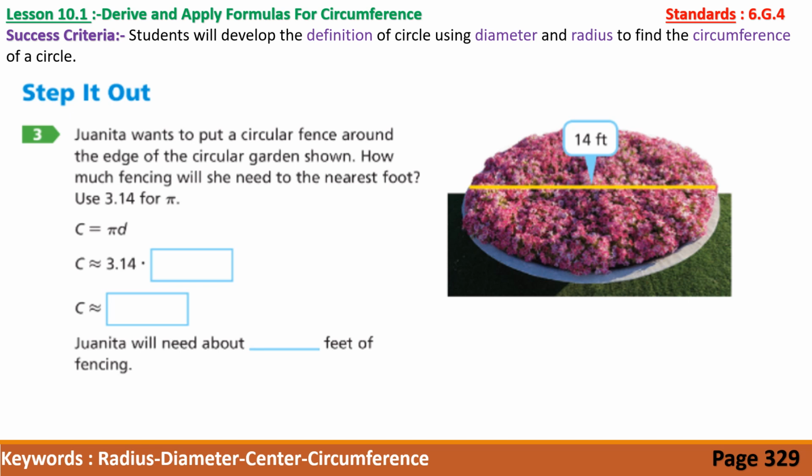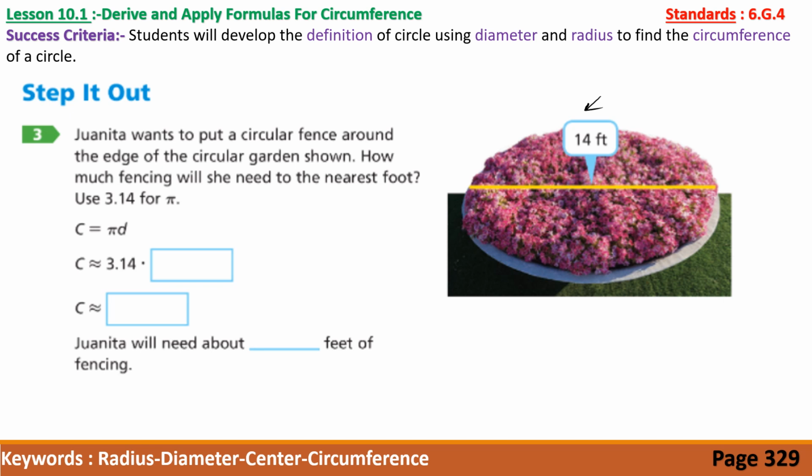She wants to surround the circular field. That's why she needs a fencing which can surround the circular field. So for that reason, we need the formula for the circumference. Now here you can see that the diameter is given to us.